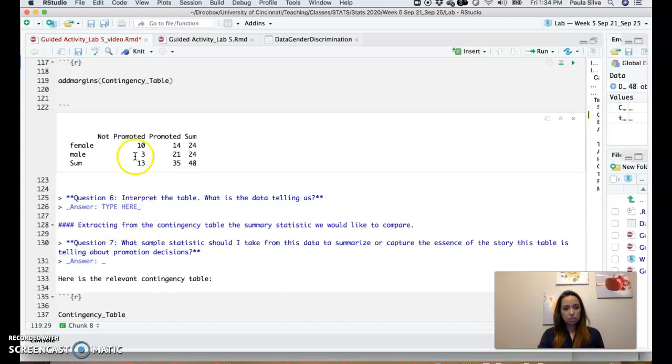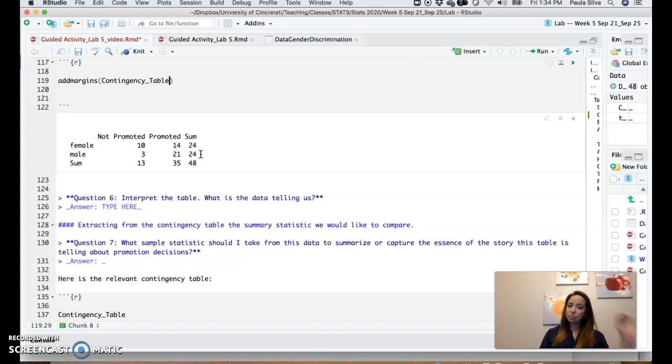Why? Let's look at the promoted column to extract this idea. So we had 14 females out of the 24 being promoted, compared to 21 out of the 24 being promoted, right? So the data is consistent.